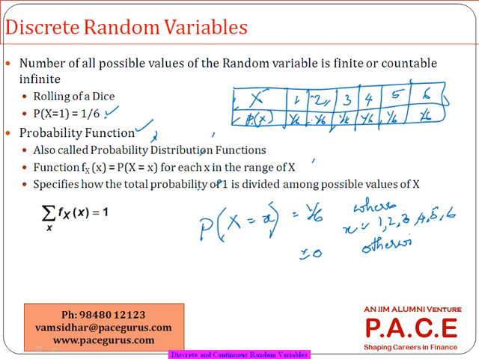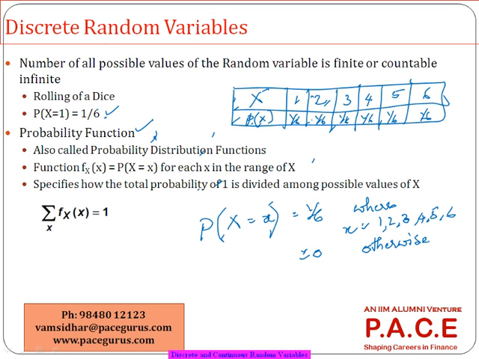Look at it. Is it the same as that table? We are saying probability of x equal to x is equal to 1 by 6. So it need not be represented only in a table form like this. It can be represented in a function form like this. Probability of x being equal to x is 1 by 6, where they have defined these are the values, small x.